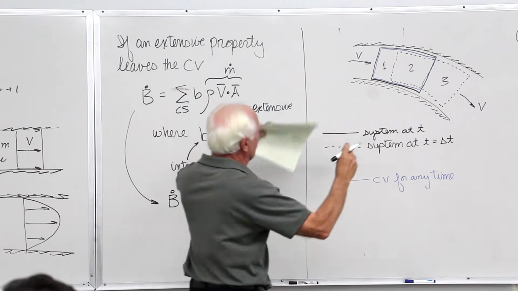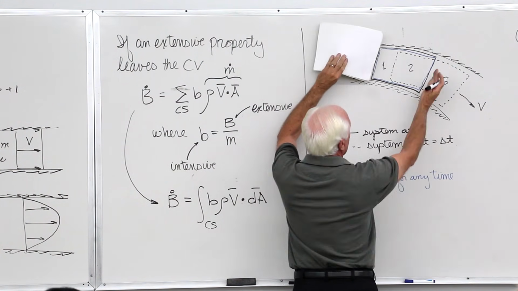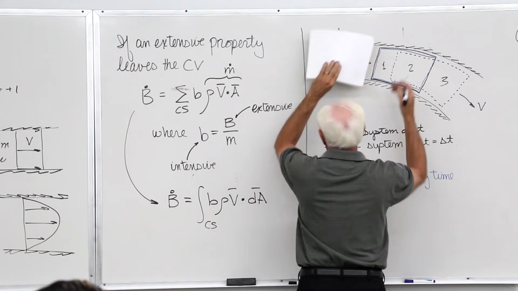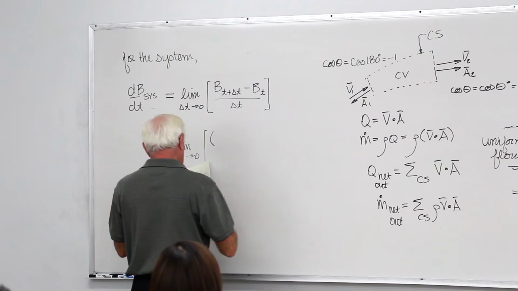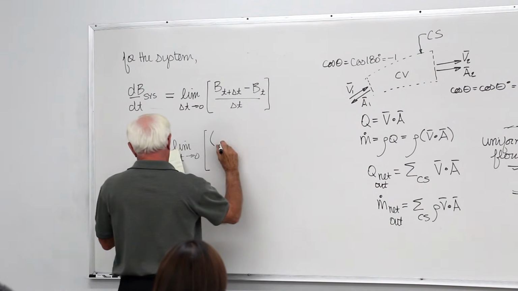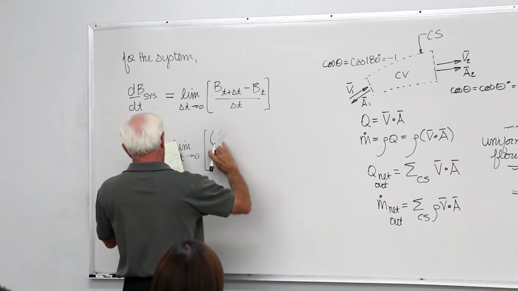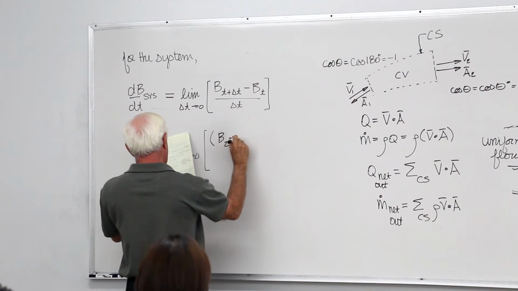At time t, there's the system, the black line. The amount of B in region 1 plus the amount of B in region 2. I'll put this down first and explain it, keeping it in the right order.